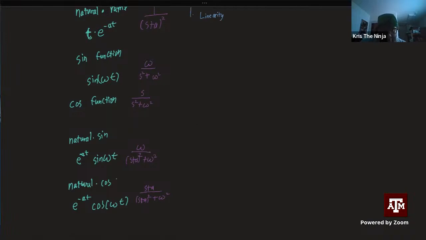Two is the derivative property, which states that s times F of s is the same as the Laplace of df(t) over dt.